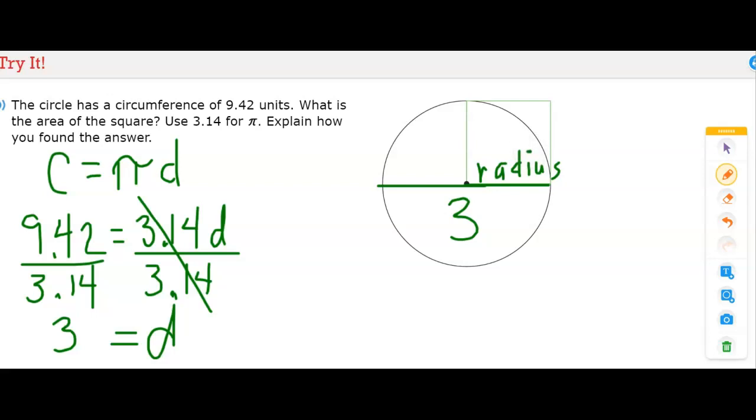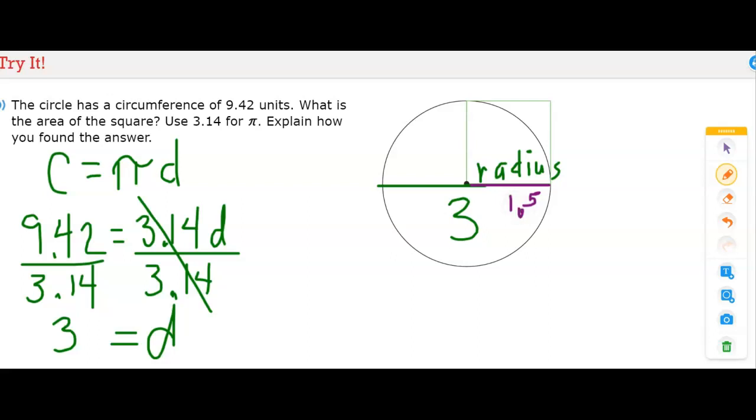So we only want to know, let me just change the color for clarity. The purple is what we want to know. We just found the diameter, which is all the way across. So half of 3 is 1 1/2, which as a decimal is 1.5.